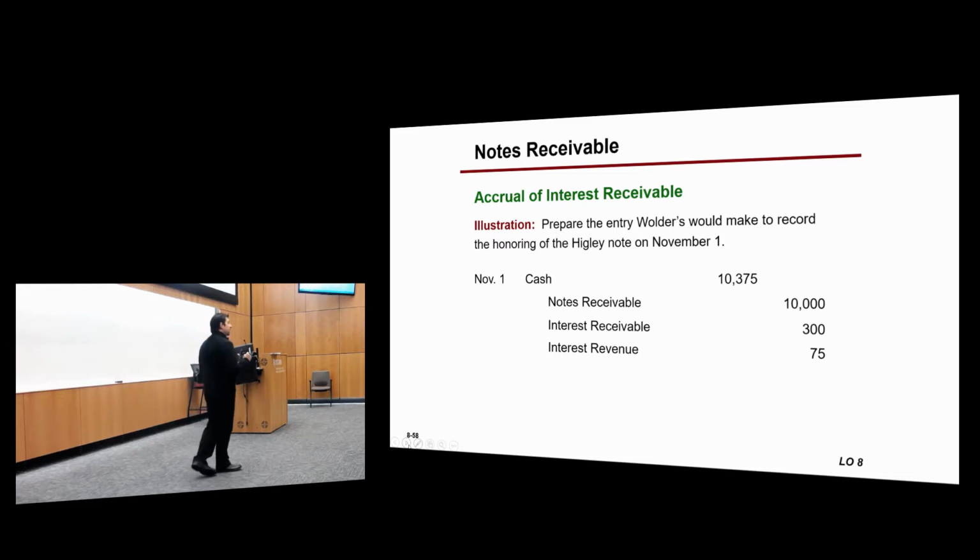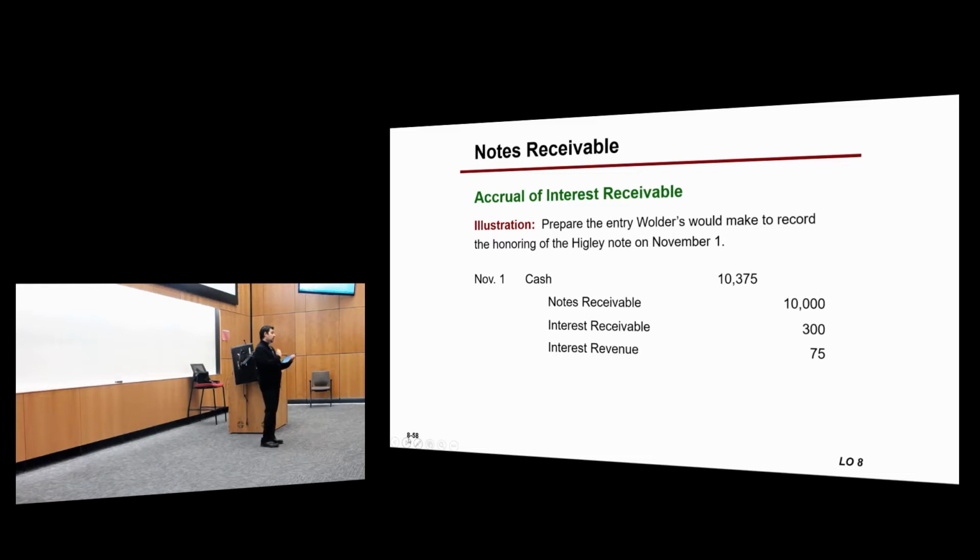So first you recognize the interest that has accrued by debiting interest receivable and crediting interest revenue for that period, and then you will have to still recognize the revenue for the months between the preparation of the financial statements and maturity date. So if instead of November 1st it were December 1st, you would have 2 months in this case. Okay? And you recognize the receipt of cash.